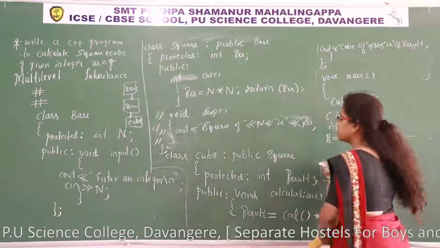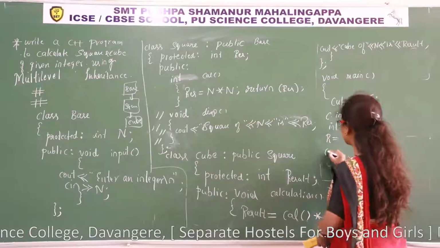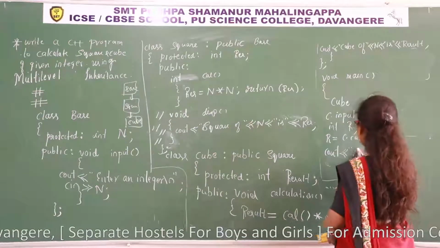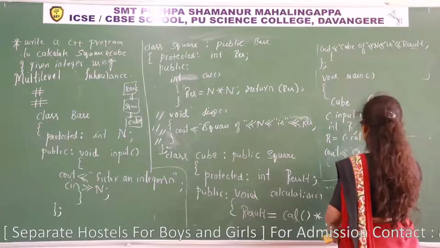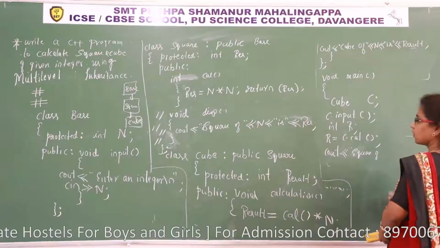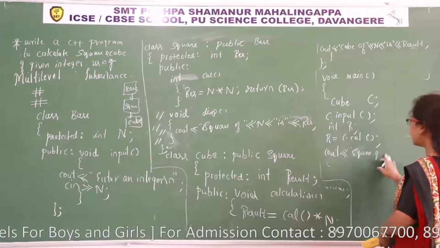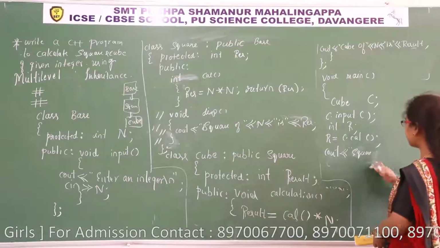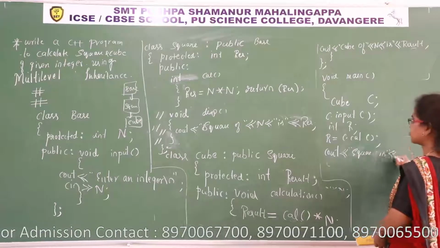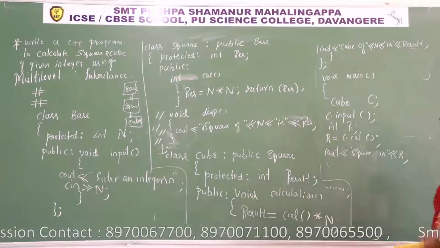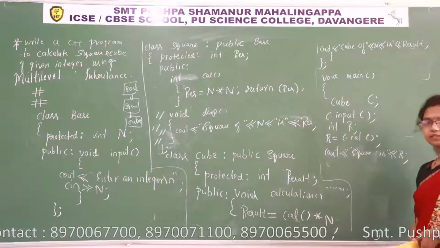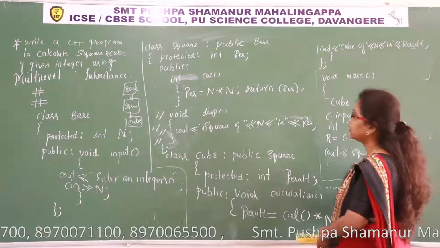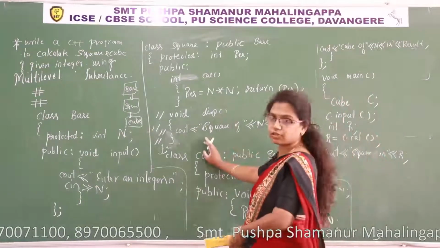You can display from here also. cout square of, but we cannot write square of n is res from here. Simply we can write square is r, because n belongs to the protected section. We cannot access a protected member directly from the main function. That's why I have taken this function.